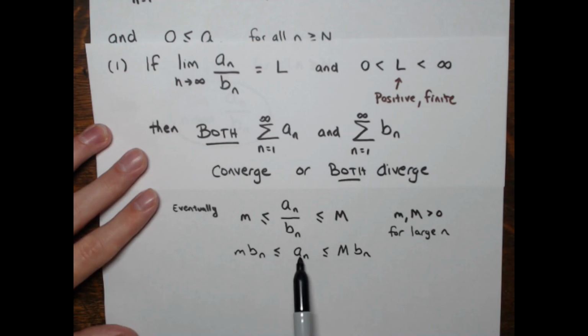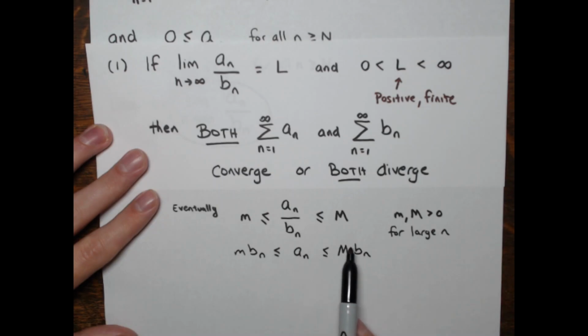If a series of larger terms converges, then the series of smaller positive terms will also converge. This is the comparison test. I'll write this out more formally later. So they'll both converge.